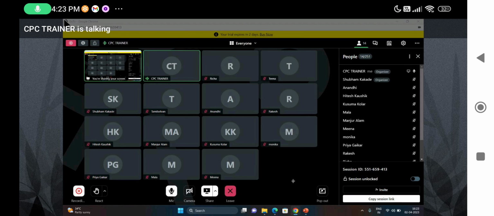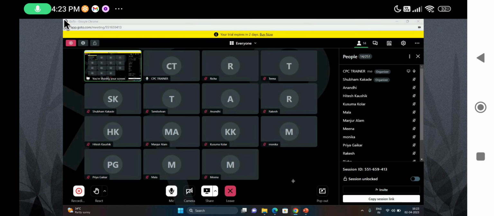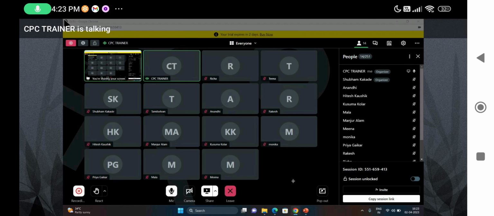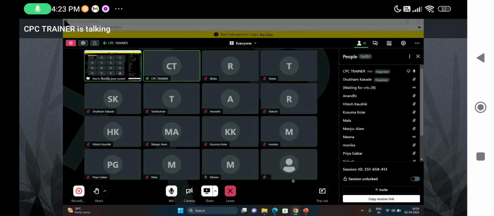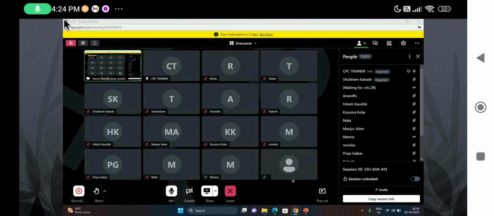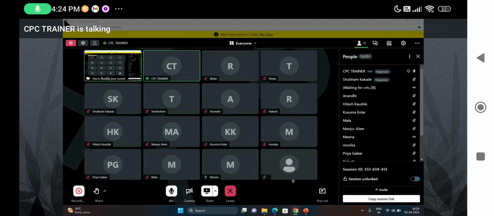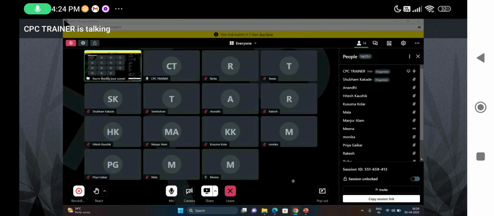So for preventive medicine, please note down the code sets. 99381 hyphen 99387. So this is the code set for preventive medicine.